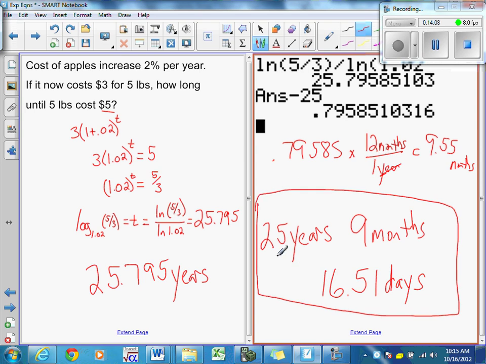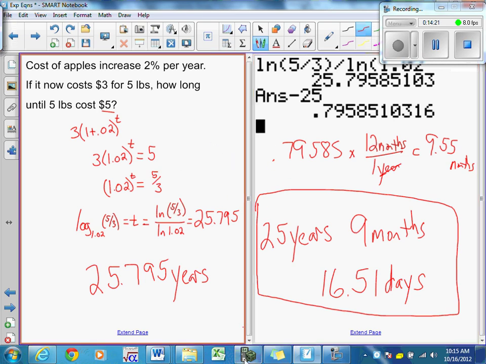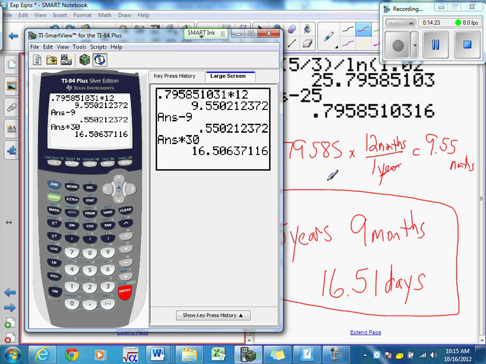So 25 years, 9 months. Well, actually, what month would that be? 1, 2, 3, 4, 5, 6, 7, 8, 9. Okay, that is September. There is only 30 days in September, so that worked out since we know 9 months in. Was that October? Let's do it. It's October, isn't it? So we'd be into the 10th month.